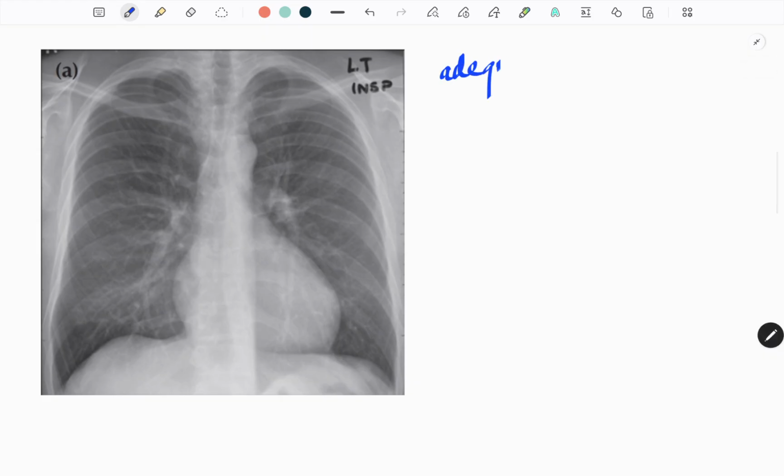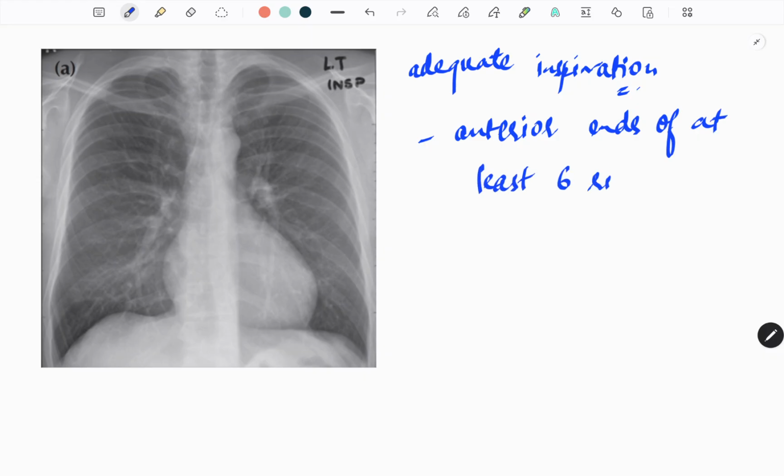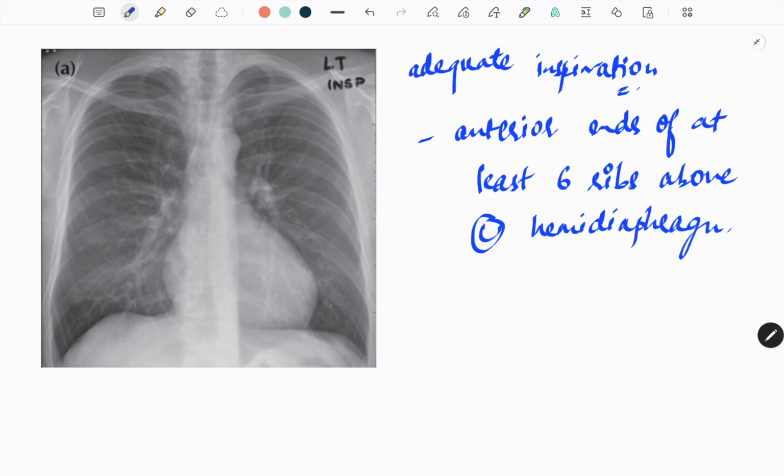For adequate inspiration, we must see anterior ends of at least 6 ribs above the left hemi-diaphragm.